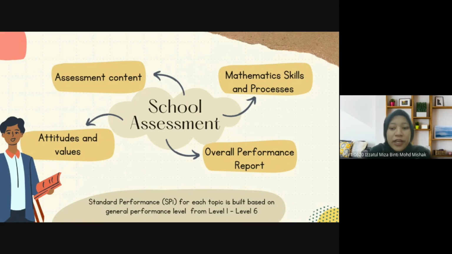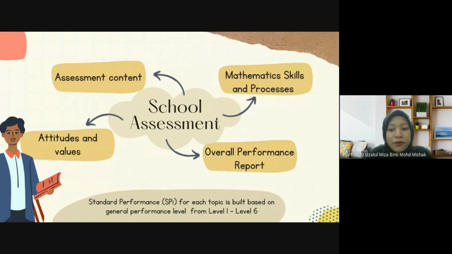For the attitude and values, it is very important in assessing students in their learning. This element should be displayed and practiced by students continuously and assessed through various methods, same as the mathematics skills: observation, exercise, presentation, and so on.